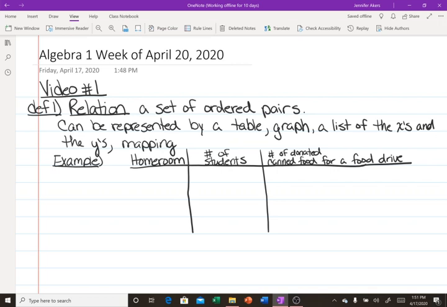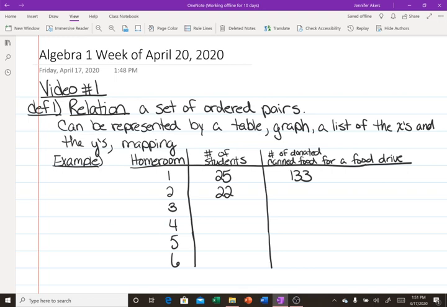We've done this before. We have homeroom number 1, number 2, number 3, number 4, number 5, and number 6. Homeroom number 1 has 25 students and they have donated 133 cans.